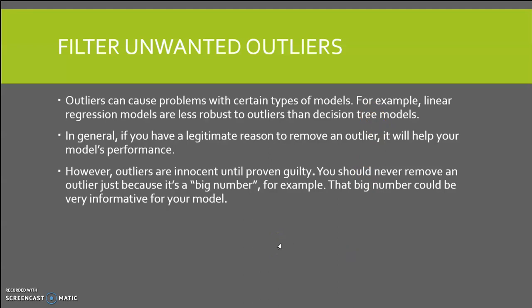Outliers is the next thing that you would need to filter out. Outliers basically can cause problems with certain types of models. For example, linear regression models are less robust to outliers if you compare it with a decision tree. In general, if you have a legitimate reason to have an outlier, it will help your model's performance because you have that corner case, one of the unique corner cases.